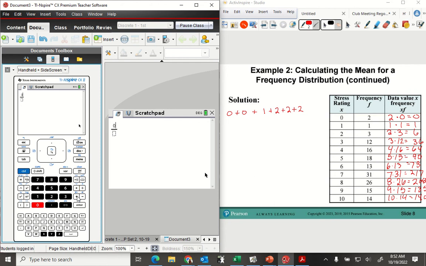So it was 0 plus 1 plus 6 plus 36 plus 64 plus 90 plus 78 plus 217 plus 208 plus 135 plus 140.